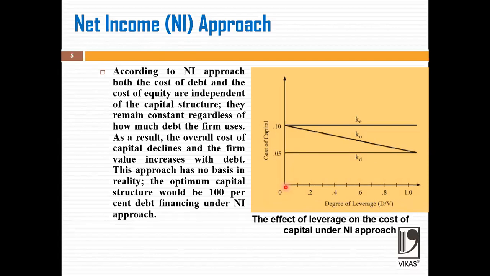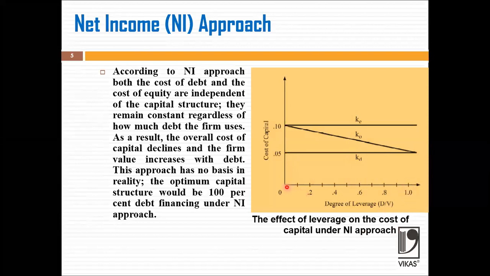When the point moves along this line, what does it mean? At point 1, total debt equals the total value of the firm. It means a totally levered firm here.